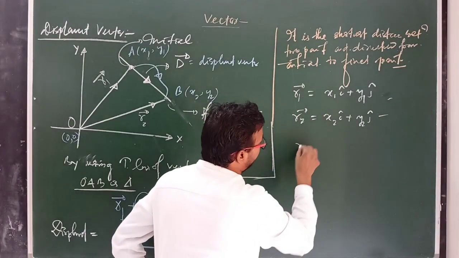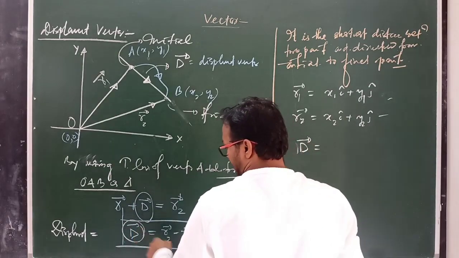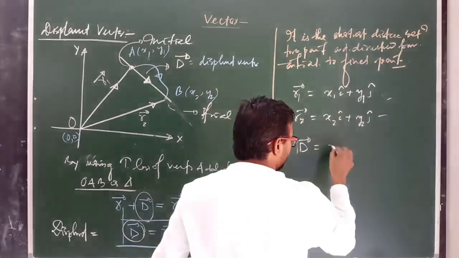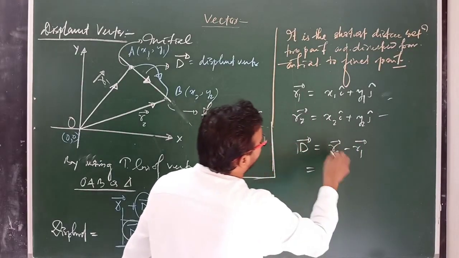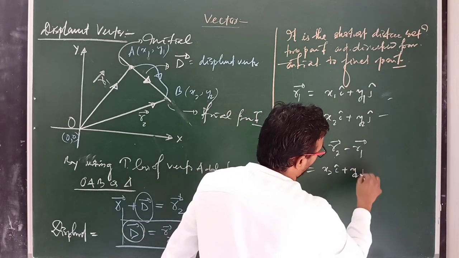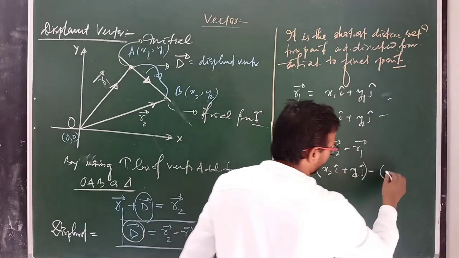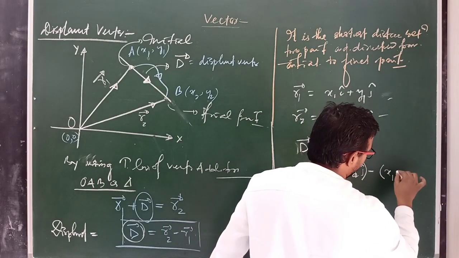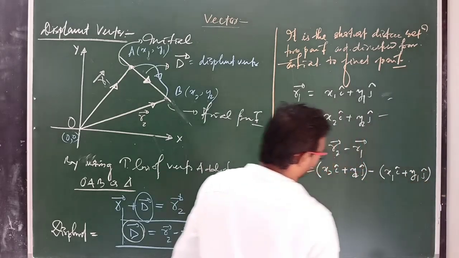So you can write displacement vector D equals R2 vector minus R1 vector. R2 vector is x2 i cap plus y2 j cap, minus x1 i cap plus y1 j cap.